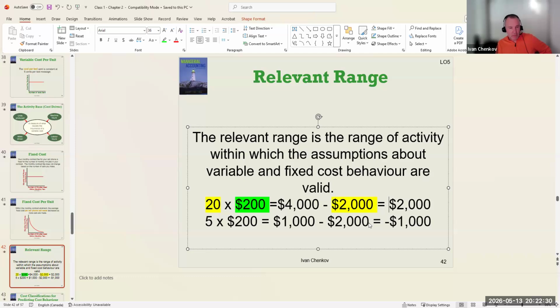It becomes $4,000. Now, the question is, if I have only 5 students on my waiting list, should I rent another room? Or should I go with the bigger space with only 5 students on my waiting list?